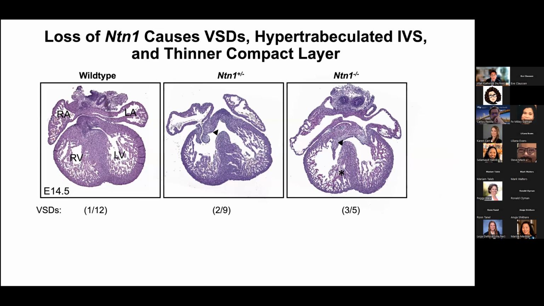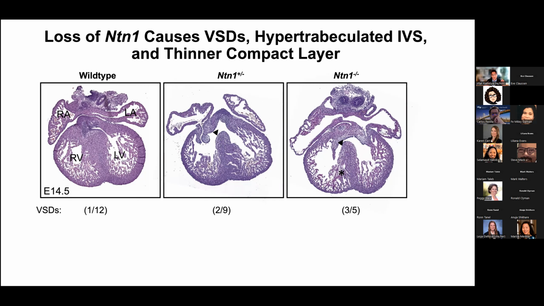And what's striking is that we also see an overlapping phenotype with the Netrin-1 mutants. So we see membranous VSD in the het at low incidence, and then we also see both muscular and membranous VSDs. I'm showing you a membranous VSD here, as well as this hypertrabeculated IVS phenotype.